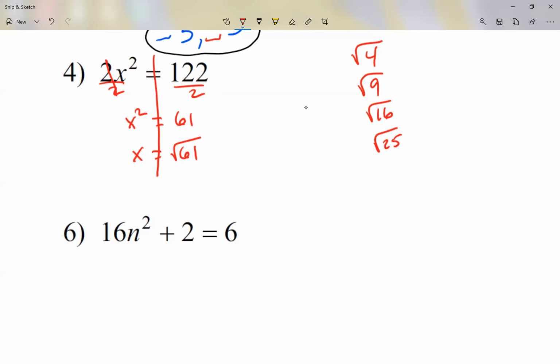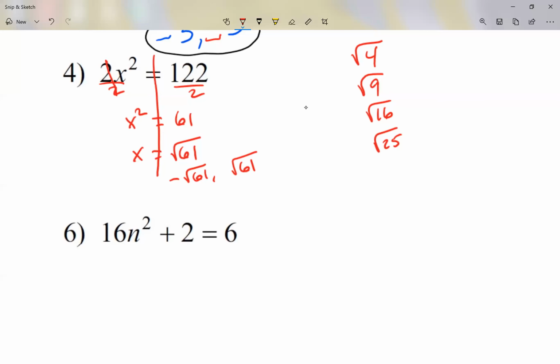Can I split 61? Can I think of two numbers that multiplied equal 61, but one of them is from my perfect squares? And I cannot. So my answer will be, let me write this first. It will be negative square root of 61 and positive square root of 61.